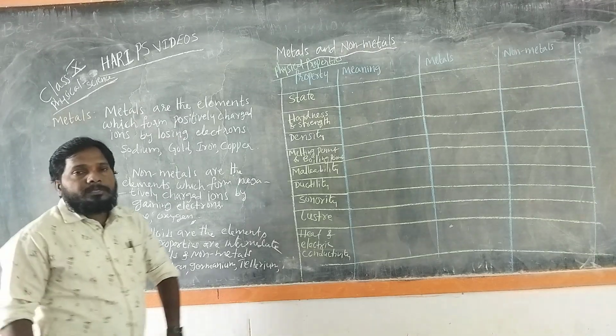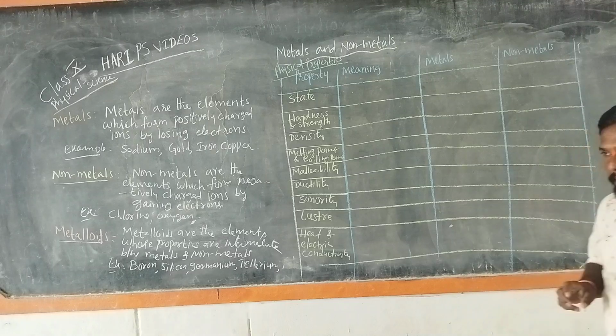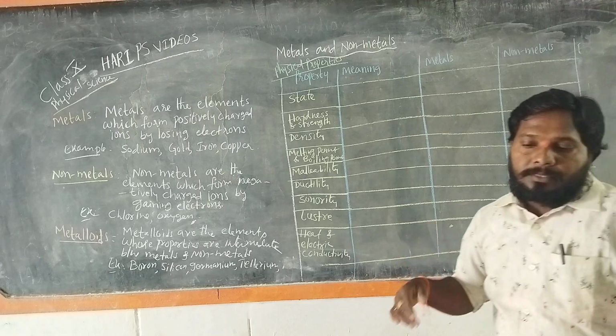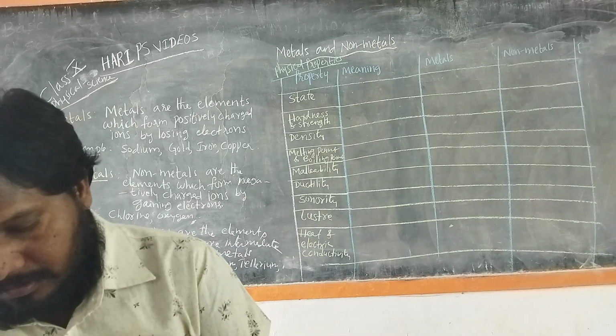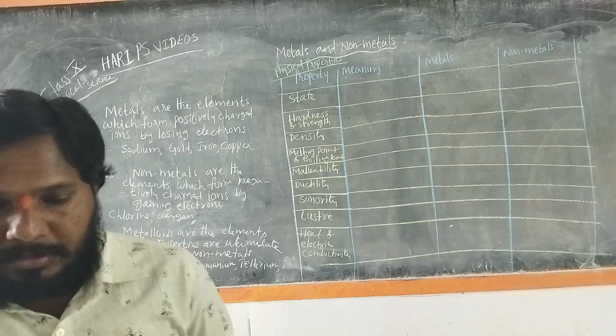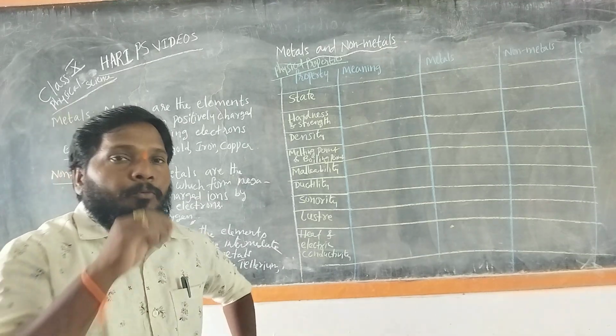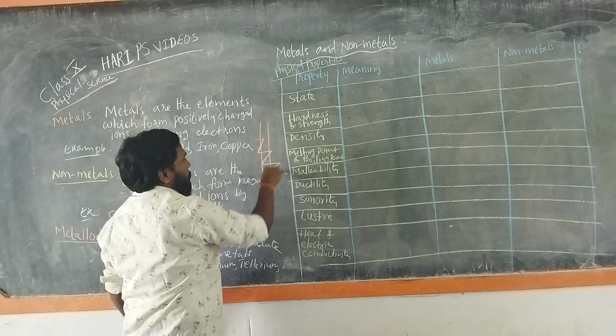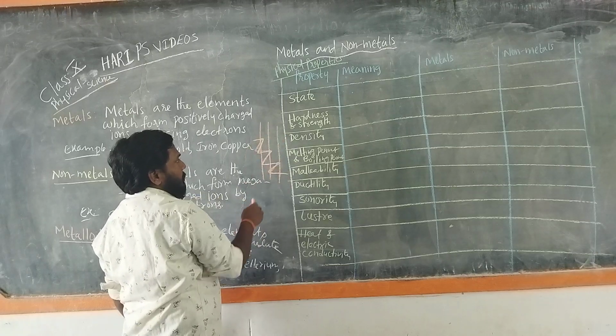Whenever we look at the periodic table, in the p-block elements, we are able to observe a step-like, zigzag shape.